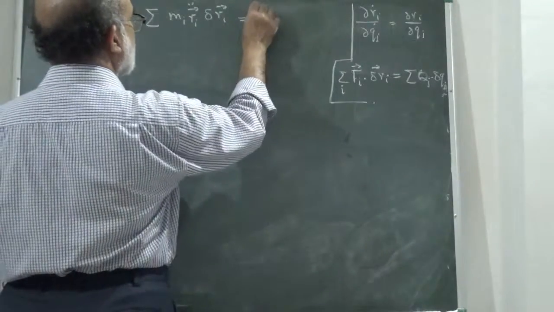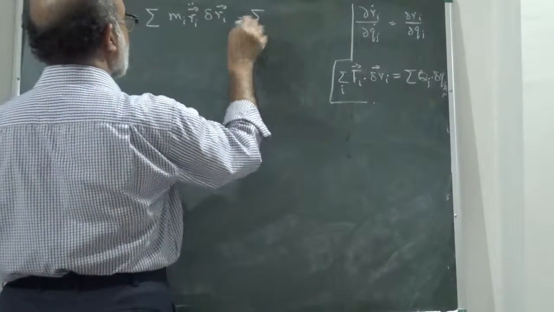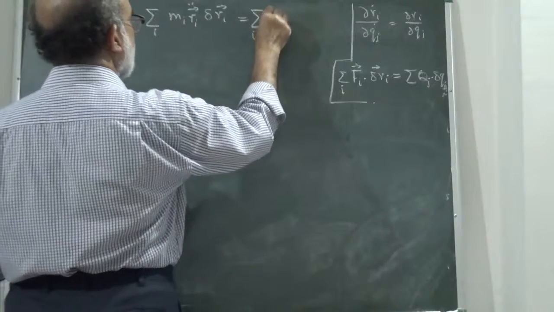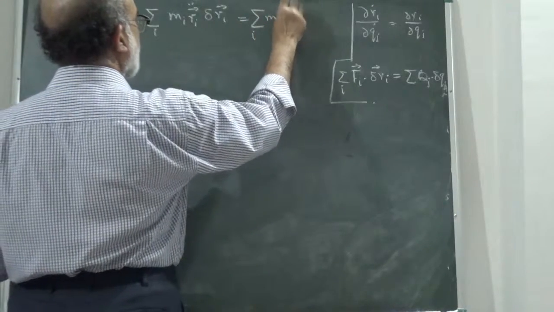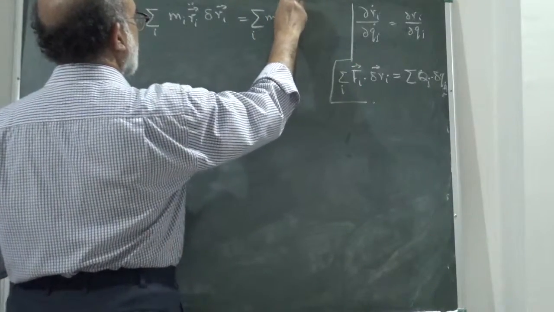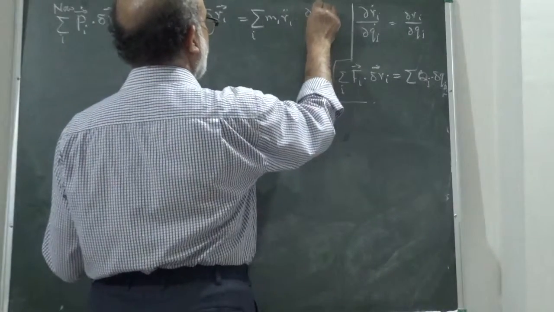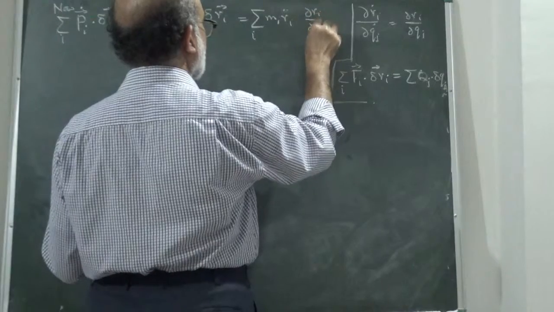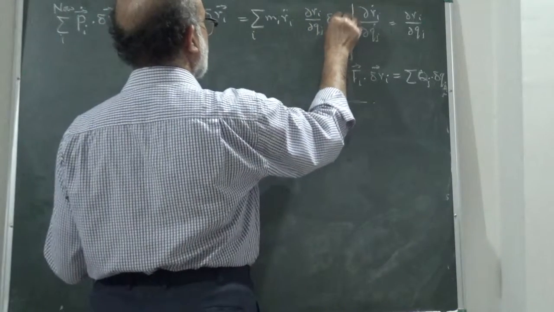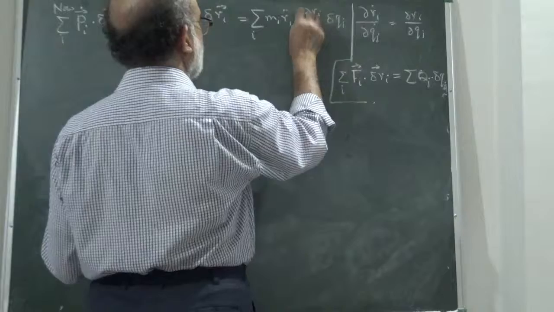This can be written as Mi Ri double dot, and now this delta Ri in terms of generalized coordinates will be delta Ri by delta Qj times delta Qj, summation over j.